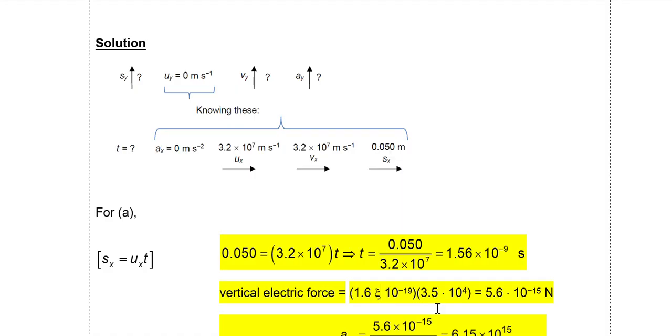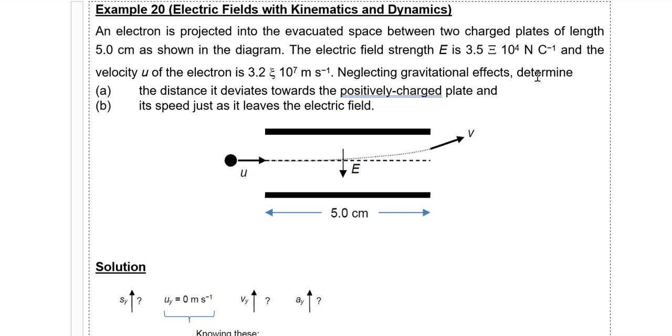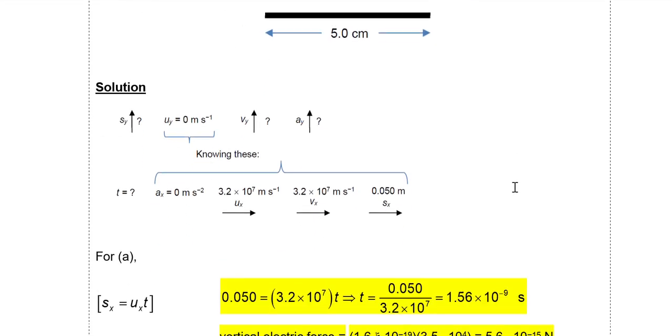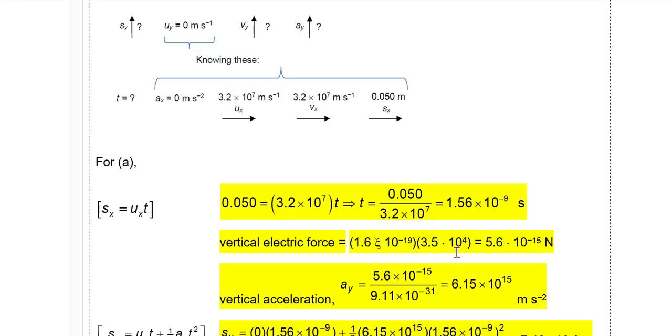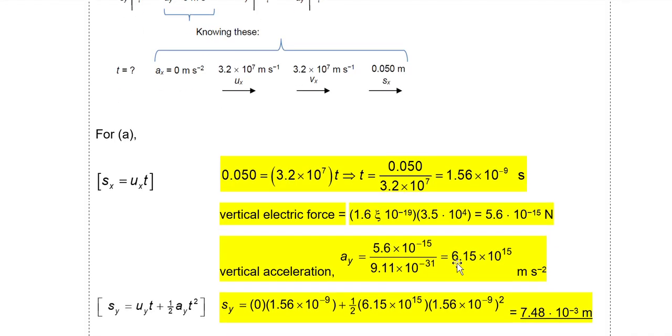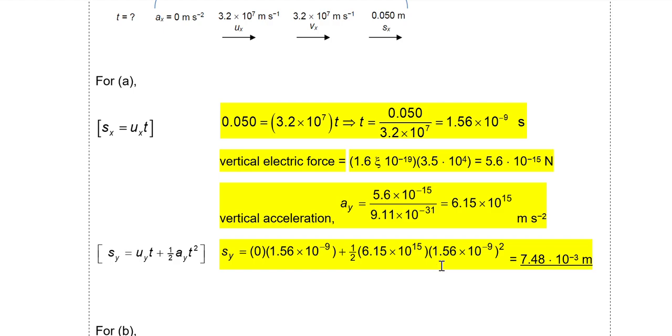Multiply by the electric field strength, which is given by 3.5 times 10 to the power 4, given here. And this will be the force. And you can calculate acceleration by force divided by mass of electron, and that will give you the acceleration vertically. Then you can use your s equals ut plus half at square to find Sy.